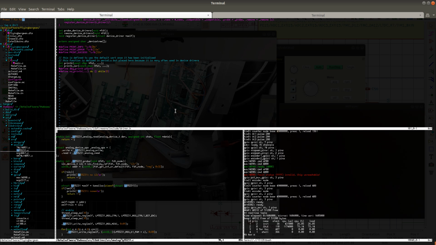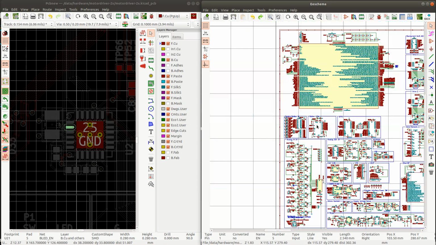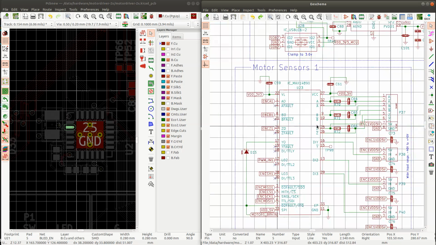Okay, what about the enable pin? Maybe it's the enable pin. Let's see. Does it have any enable pin? Is there anything that I could check here?